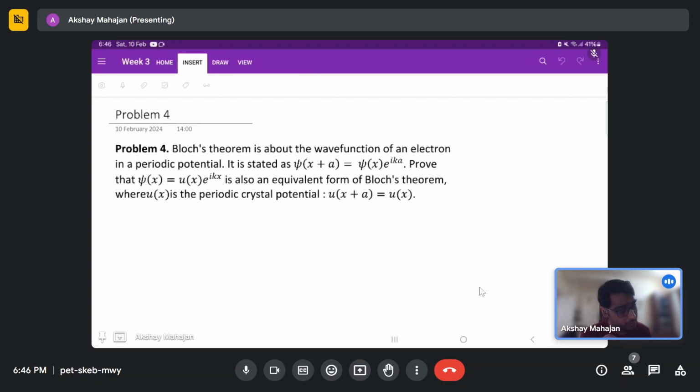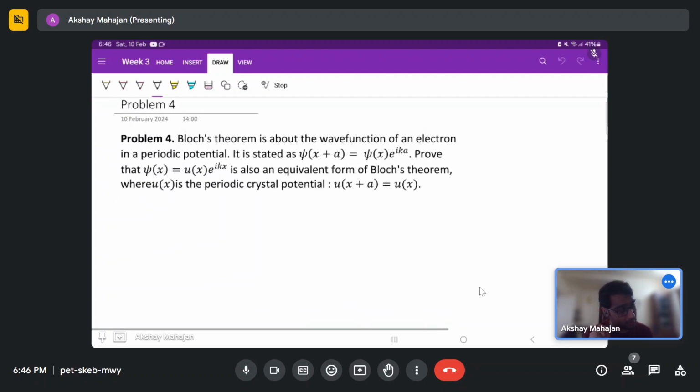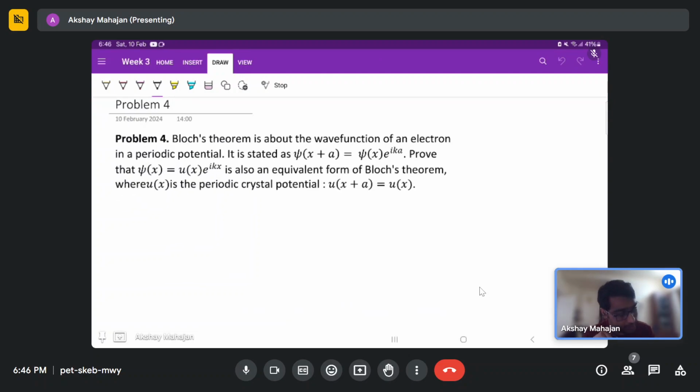Now we have to prove that psi of x equals u of x e to the power iota kx is also an equivalent form of Bloch's theorem, where u of x is the periodic crystal potential, so u of x plus a equals u of x. Alright, so we have to prove that this definition is also the same as the definition we have for the Bloch theorem.